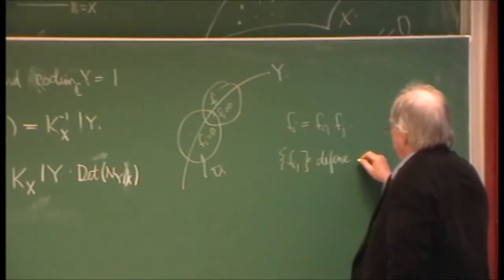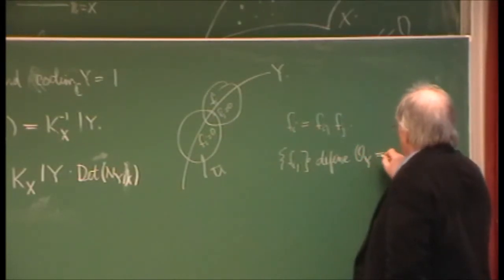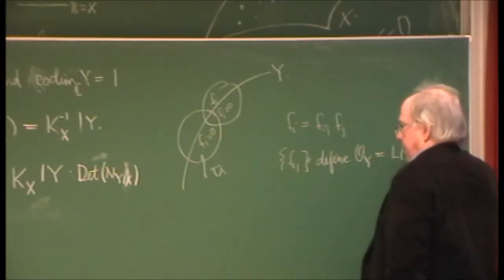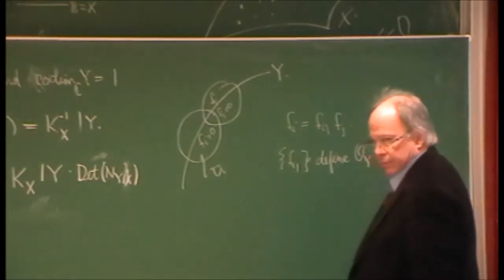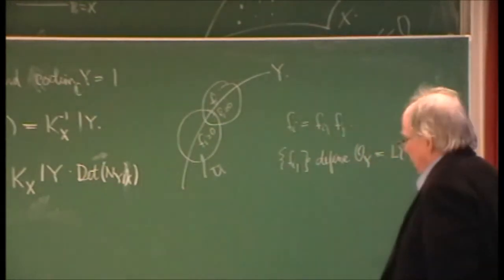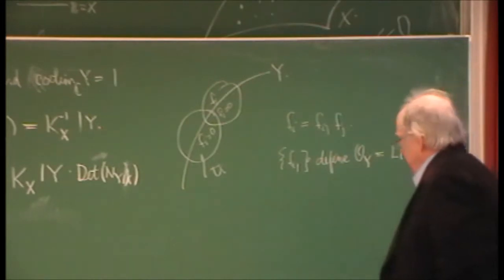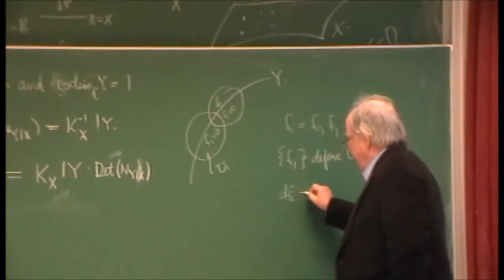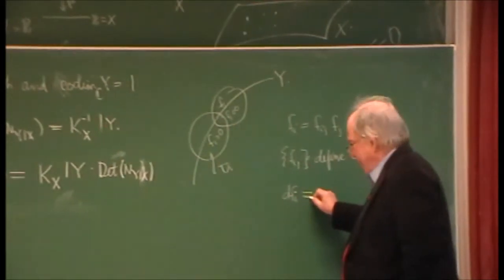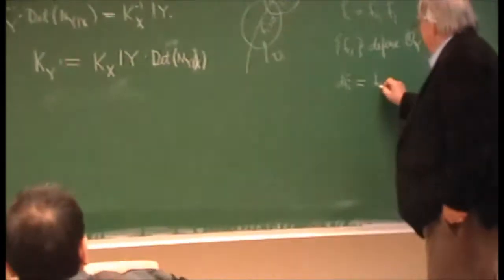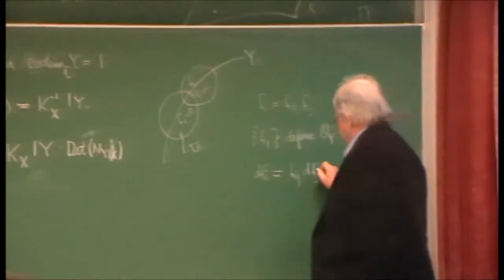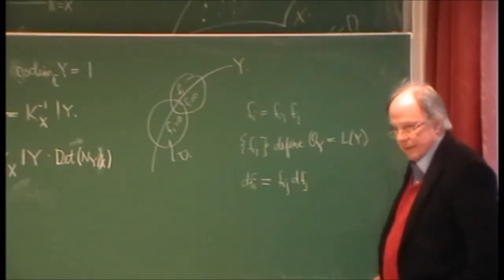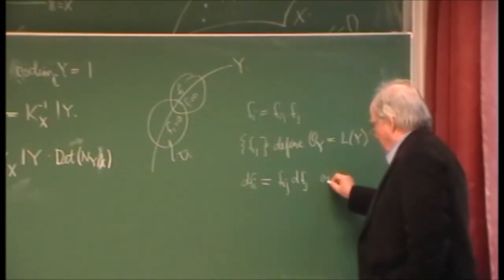So, or the line bundle ly. Okay, right? So, okay. Now look what happens. dfi, now you're going to help me argue. dfi is equal to fij dfj, right, on y.